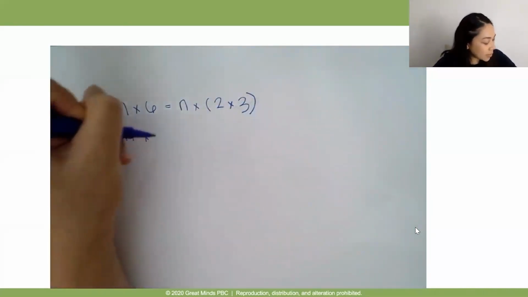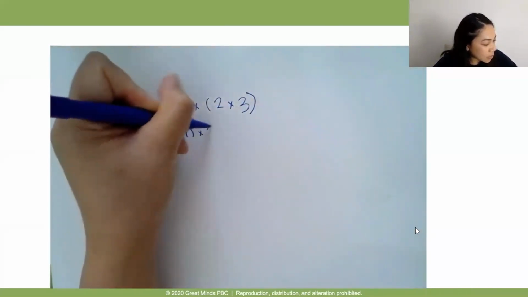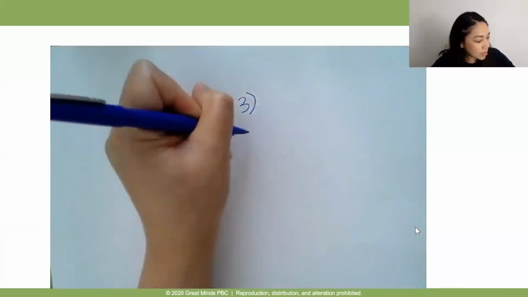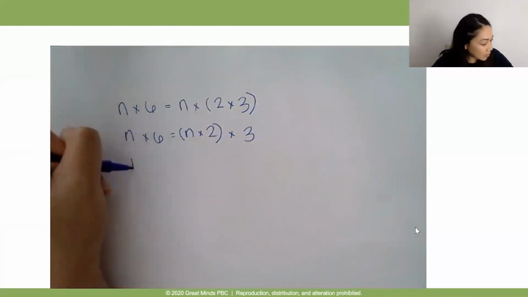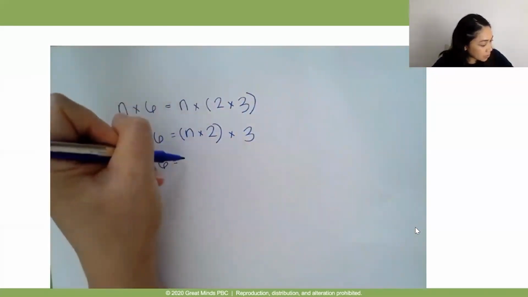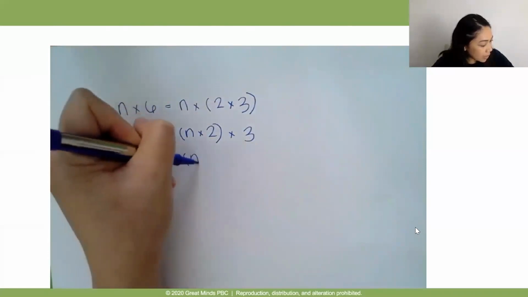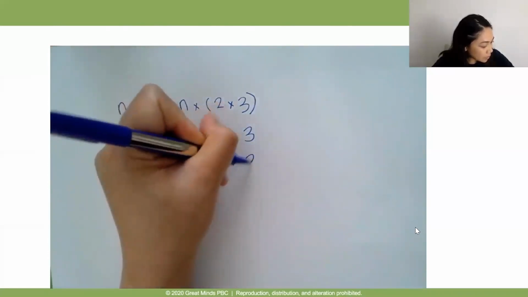N times 6 equals, open parentheses, n times 2, close parentheses, times 3. Let's now associate the n with the 3. N times 6 equals, open parentheses, n times 3, close parentheses, times 2.